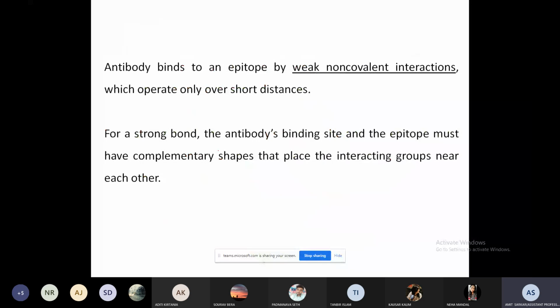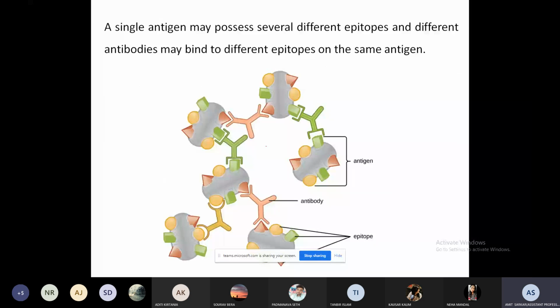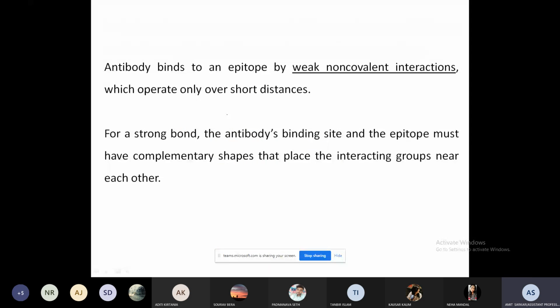That's why I was showing here that for a rectangular epitope, we have a rectangular antibody binding site. If it is a round disk, we have a round disk complementary antibody site. If it is triangular, we have triangular sites. So complementarity gives the strength of binding between an epitope and an antibody.